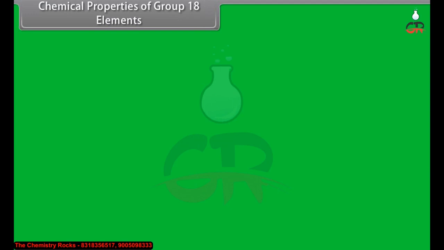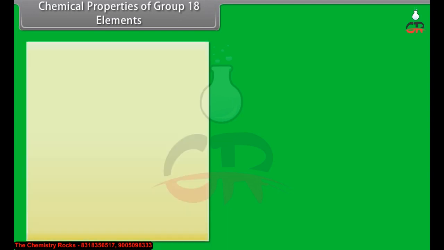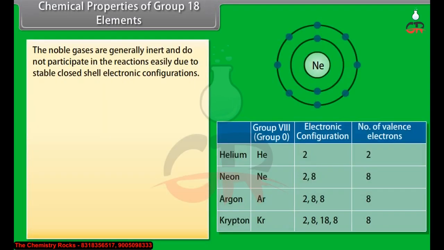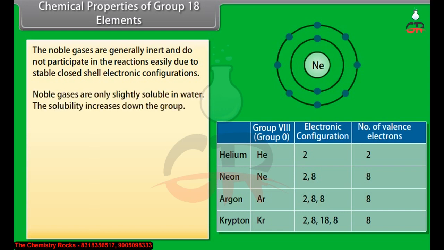Chemical properties of group 18 elements. The noble gases are generally inert and do not participate in reactions easily due to stable closed shell electronic configurations. Noble gases are only slightly soluble in water. The solubility increases down the group.